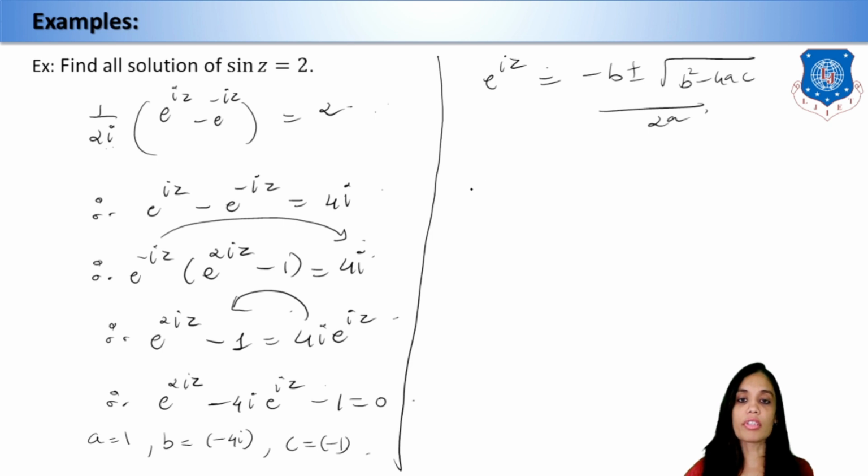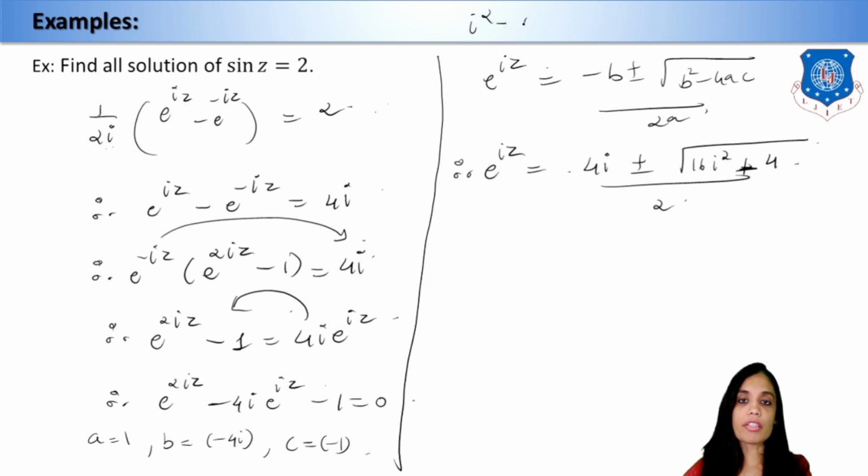Put all these values in this. Therefore, e raised to iz is equal to, b is what? Minus 4i, so here it will be plus 4i, plus or minus under root of (minus 4i) whole square, which will be 16i square, minus 4 into 1 into minus 1, so plus 4. Okay. Upon 2. Now let us simplify this.